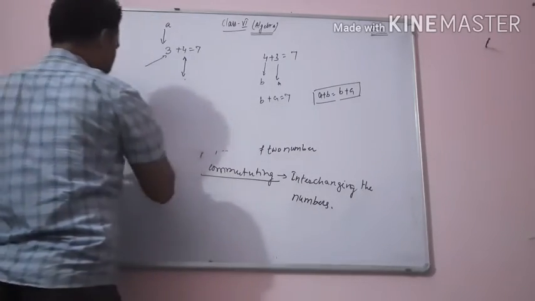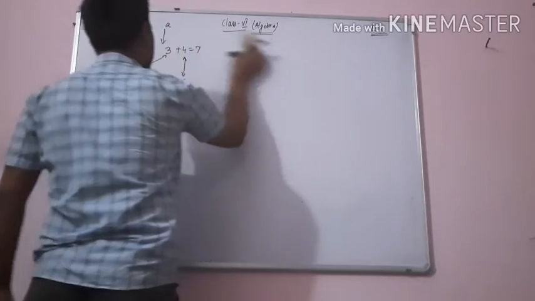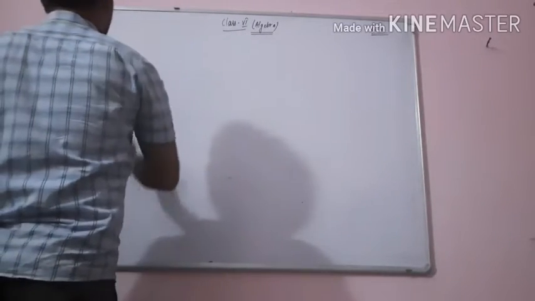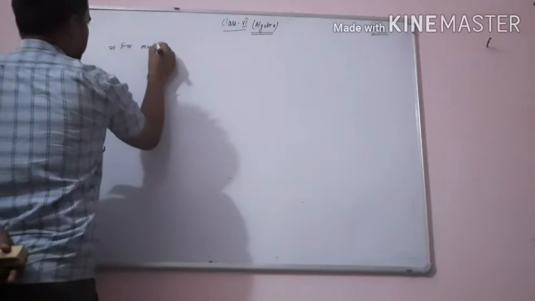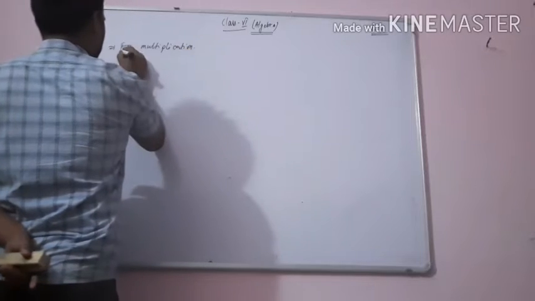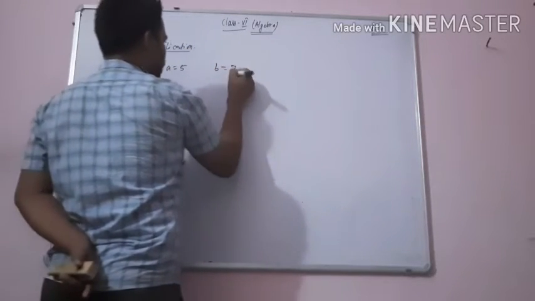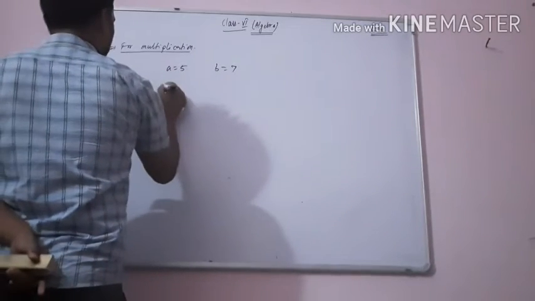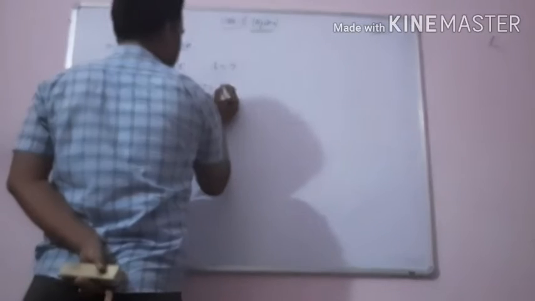Now moving on to multiplication, we will see the same condition is satisfied. Suppose A equals 5 and B equals 7. Now A multiplied by B, that is 5 multiplied by 7, is 35.